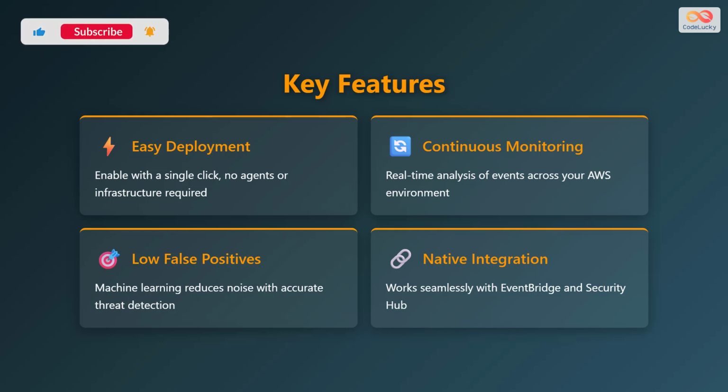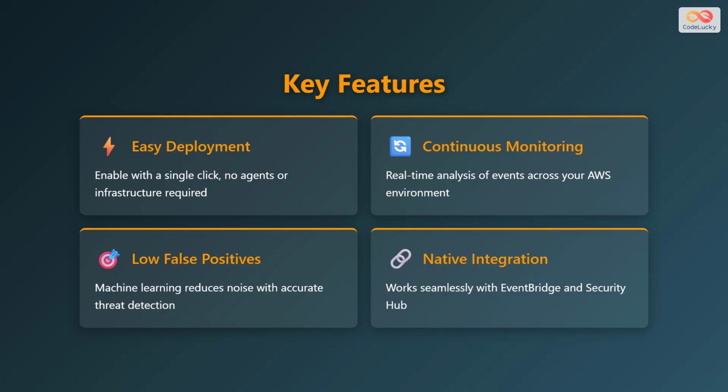GuardDuty offers several powerful features that make it an excellent choice for AWS security. First, it provides easy deployment. You can enable it with just a single click in the AWS console, with no agents to install or infrastructure to manage. Second, it offers continuous monitoring, analyzing events in real time across your entire AWS environment 24/7.